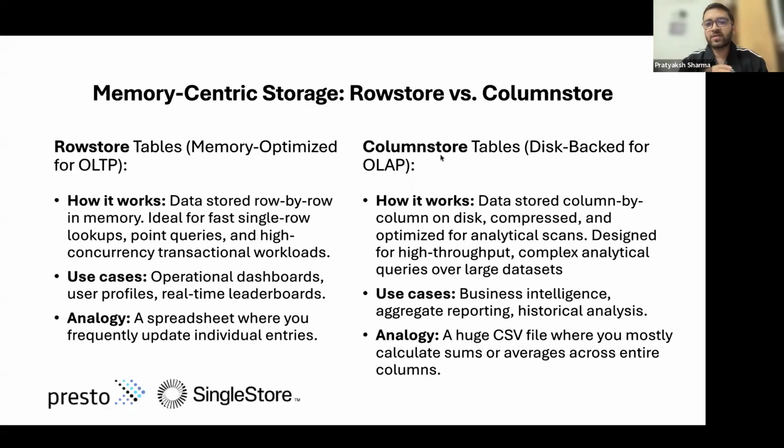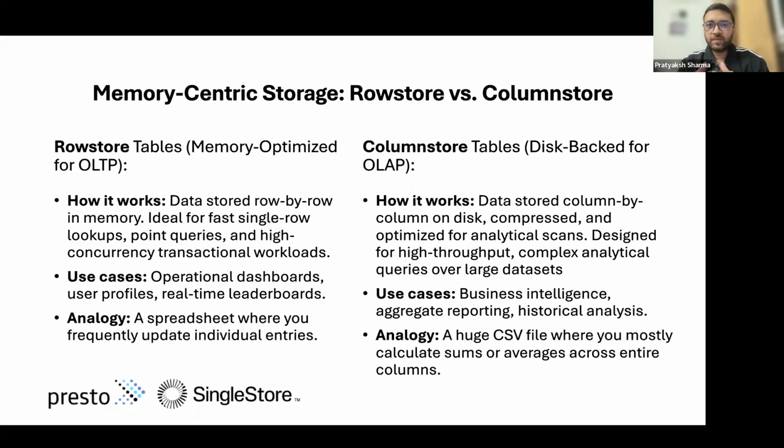versus the column store tables, which are basically laid out in columnar formats, much like Parquet files or ORC files. If you know of those file formats, they are all columnar file formats, right? So the column store tables are basically present on disk, and because they are mostly meant for OLAP workloads, which means the analytical workload, you don't really get many frequent updates to the data.